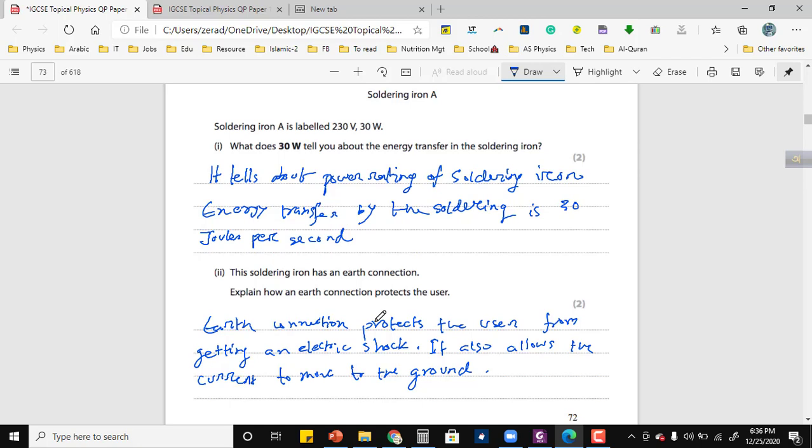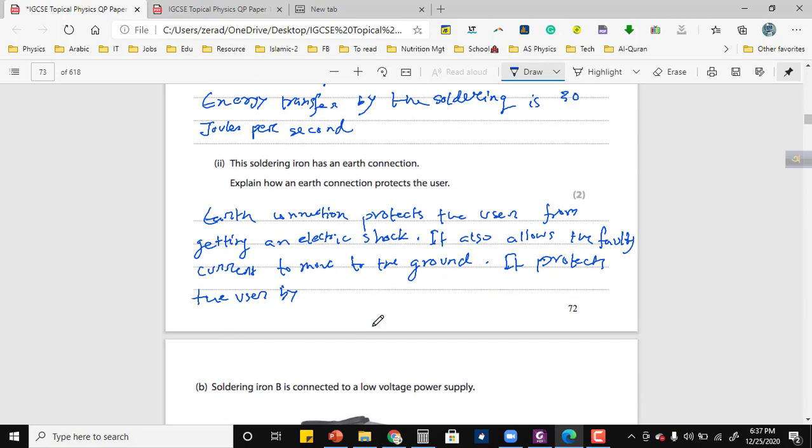So it allows the faulty current or excess current, so you need to mention that, to move to the ground. Okay, so it protects the user or appliance by stopping the flow of current. Okay, so writing any 2 points would be sufficient.